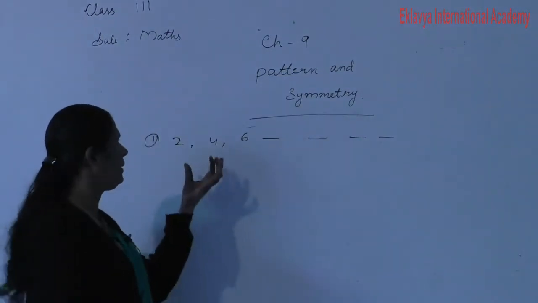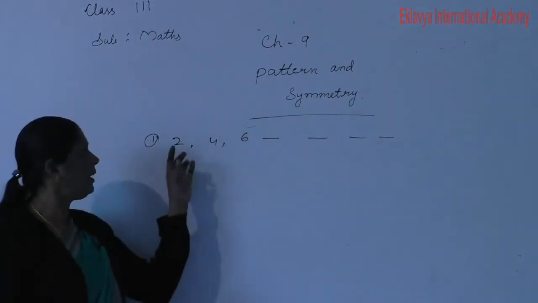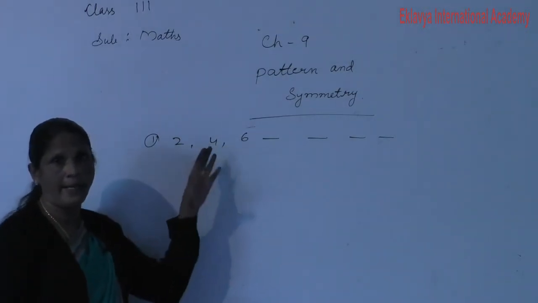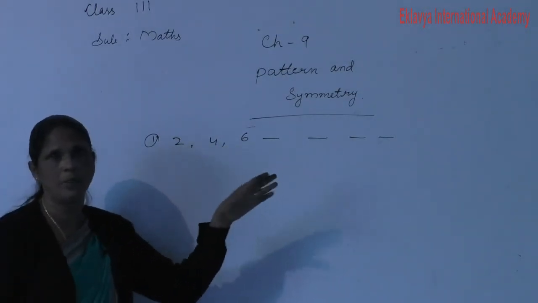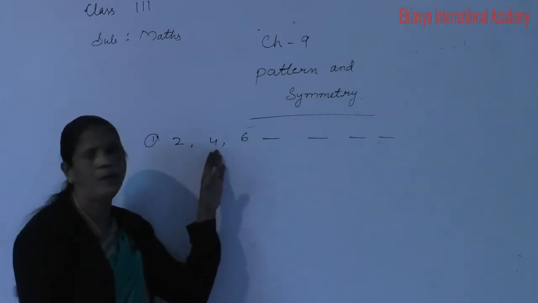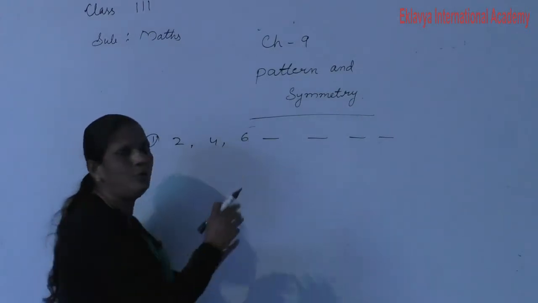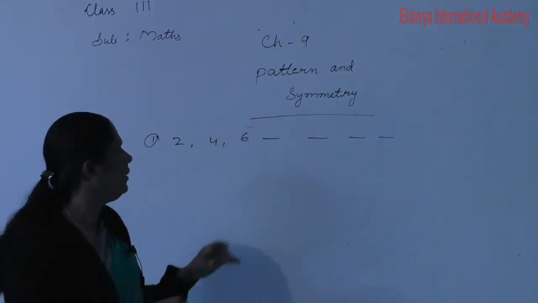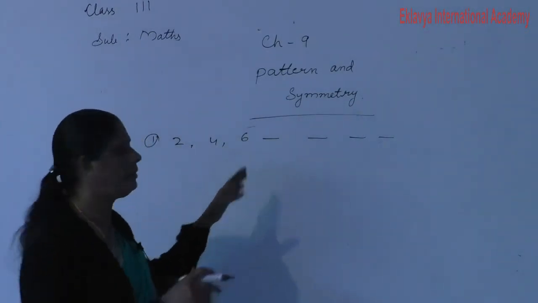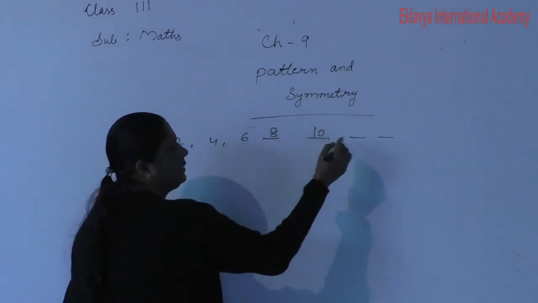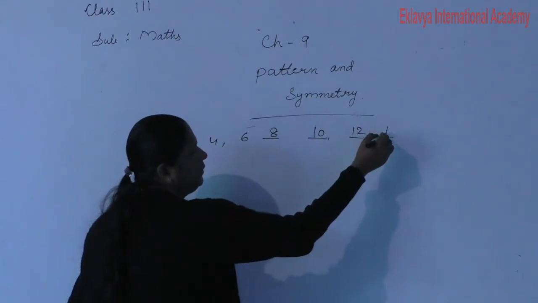Here is the pattern of 2, the table of 2. We add 2 to the next number: 2, 4, 6, then you add 2 again and get 8, then 10, then 12, then 14.